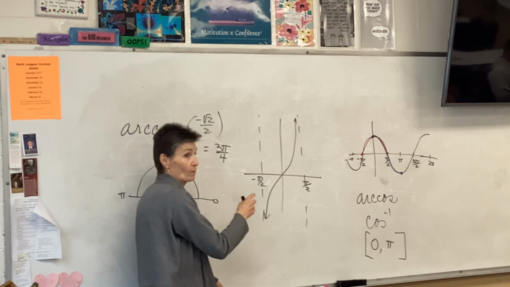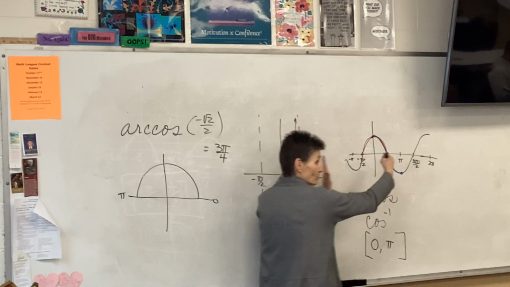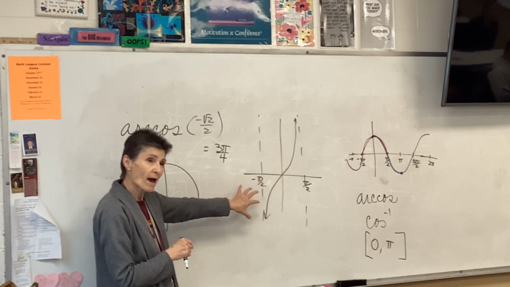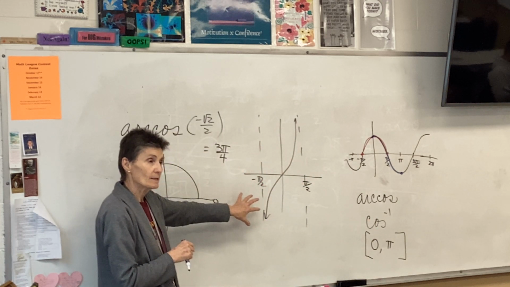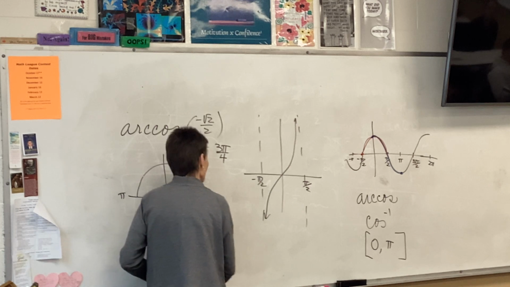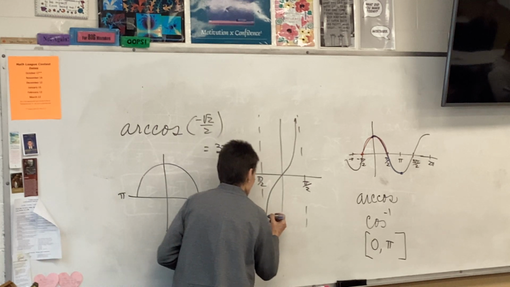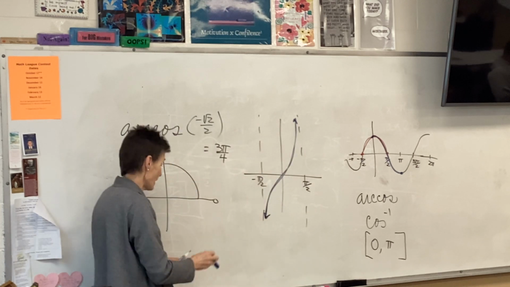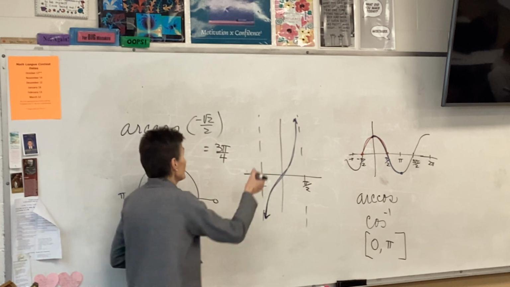Now remember, there's more of those, right? But if I look at just that one right there, is that good? Is that 1 to 1? Yeah. So the principal values of the tangent are the same as for the sine.